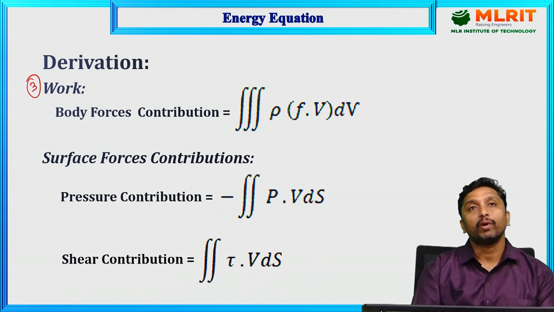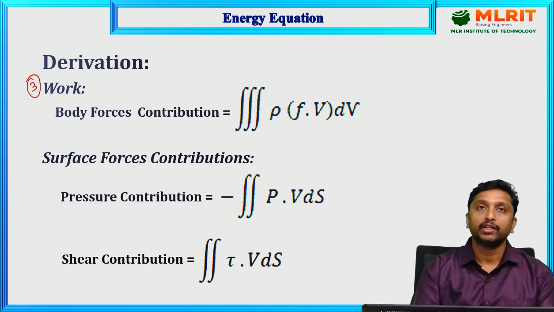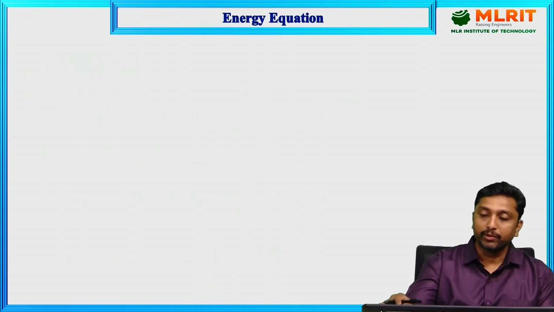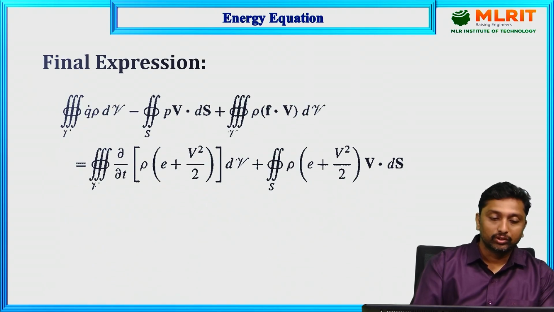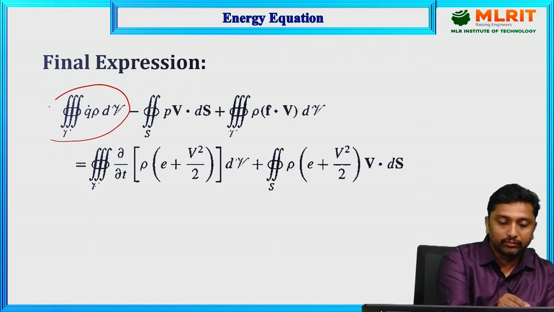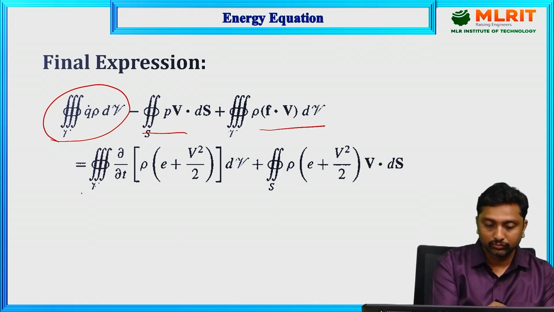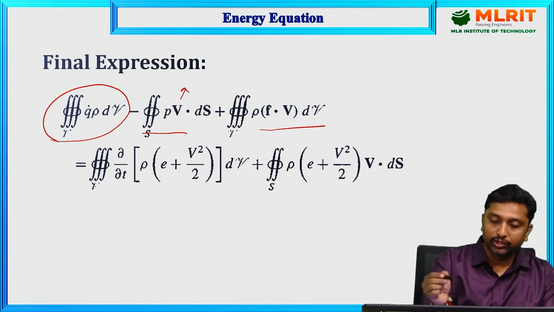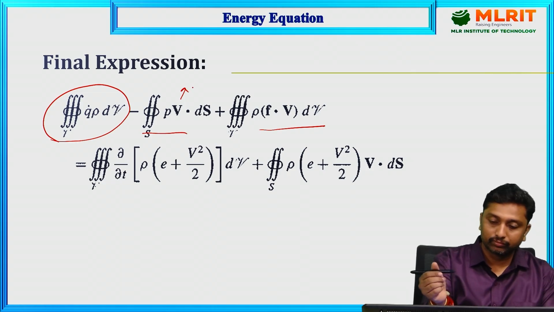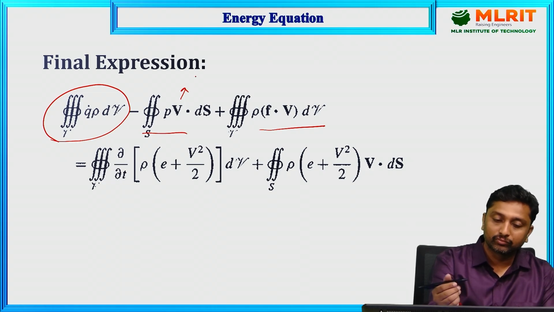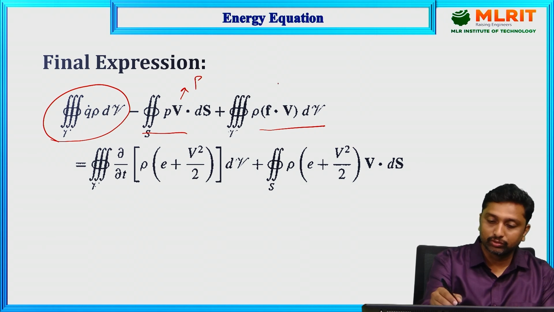If we combine these, we end up with one single equation, which is nothing but our energy equation. So you can see, rate at which heat is added plus work done. This is work done due to pressure force. This is work done due to body force.